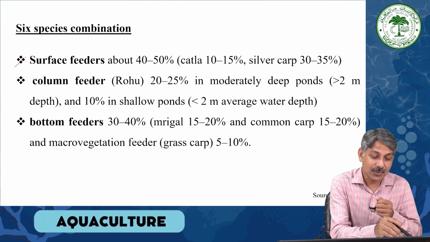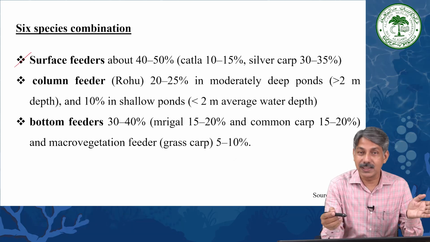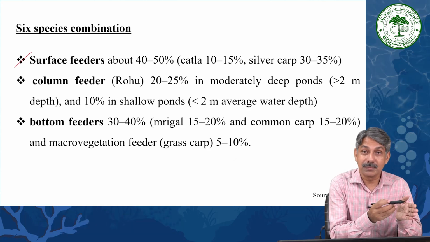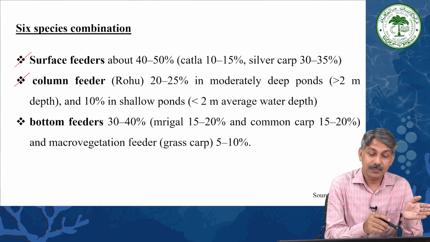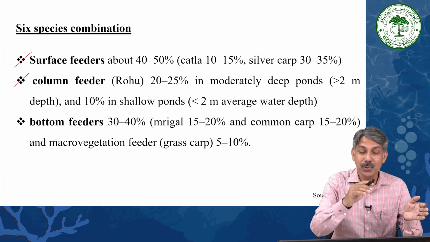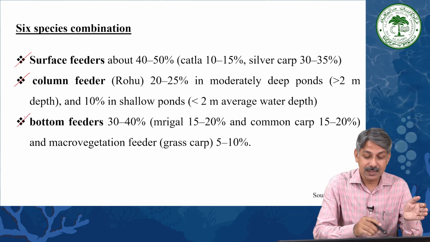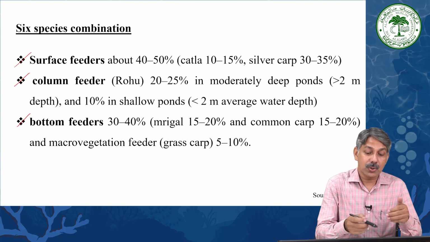So we can introduce some surface feeders which can exploit the food or the space available in the surface region. Column feeders will be there in the mid portion, and then bottom feeders will be there at the bottom.